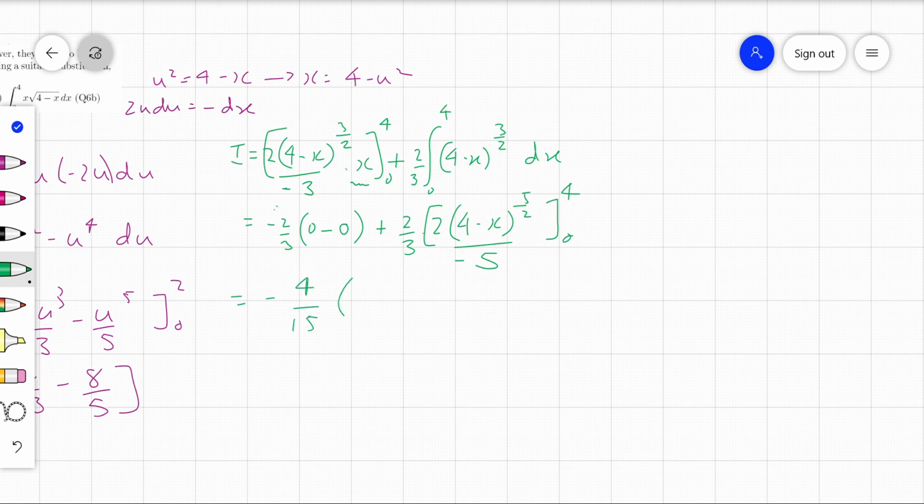Then I've only got the 4 minus x to the 5 on 2 to worry about. Now 4 minus 4 again is 0, so 0 minus. When I sub in the 0, 4 minus 0 is 4. So square root of 4 is 2, and 2 to the power of 5, I think is 32. I can just put 2 to the 5 as well. And you can see it's a minus minus, so it's going to become a positive. So again, 32, well, yeah, so I will get the positive 128 over 15, which is the same answer as before.